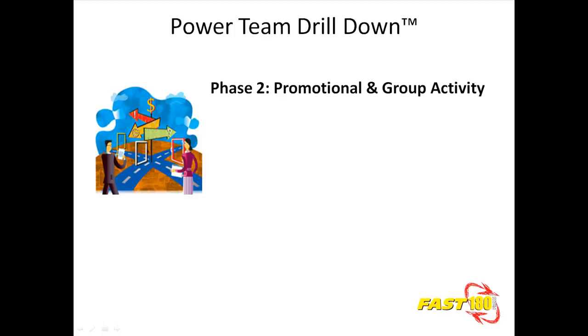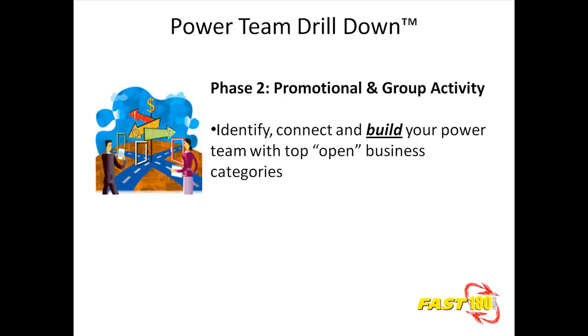The second phase of your roadmap is promotional and group activity. This section is clearly identified on the Power Team Action Grid. You begin to identify, connect, and build your Power Team with the top open business categories.